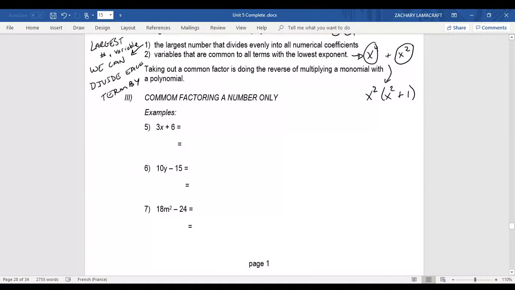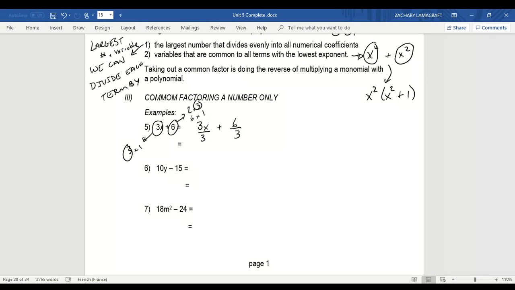So for this one here, if we look at these terms right here, multiples of 6 would be 2 times 3, 6 times 1, and multiples of 3 would be just 3 times 1. So they share 3. So 3 would be our greatest common factor because we can divide 3x by 3, and we can divide 6 by 3.